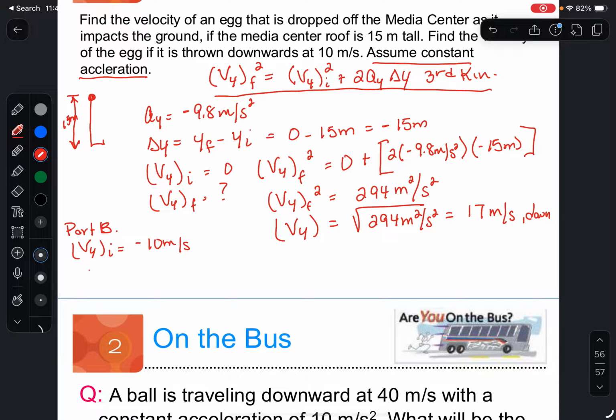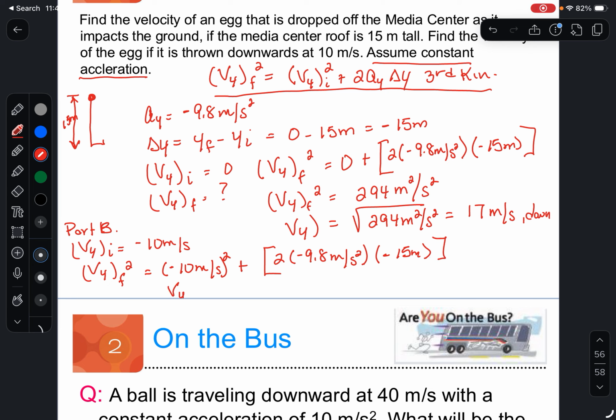So Vy final squared is going to be Vy initial squared, which is negative 10 meters per second, all squared, plus 2 times negative 9.8 meters per second squared times negative 15 meters.